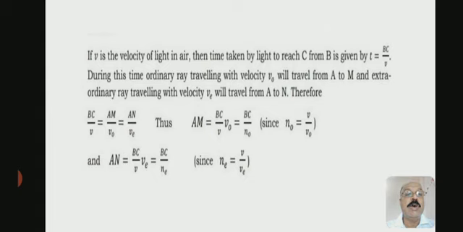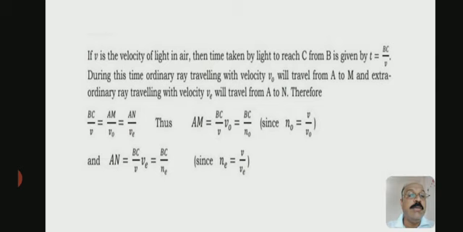During this time, the ordinary ray traveling with velocity vo will travel from A to M, and the extraordinary ray traveling with velocity ve will travel from A to N. Therefore, BC/v = AM/vo = AN/ve. Rearranging, AM = (BC/v) × vo, that is equal to BC/no.